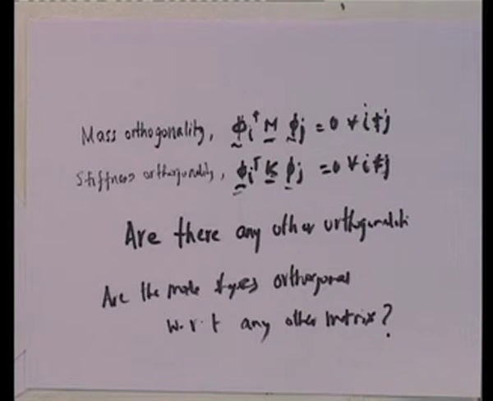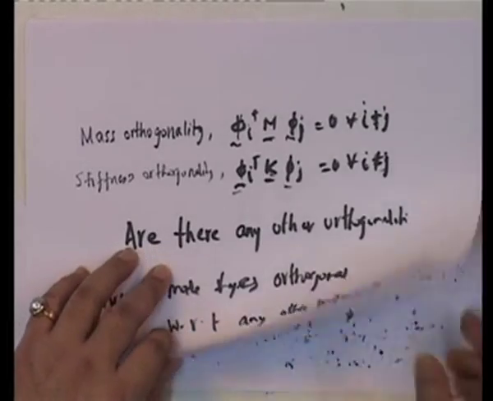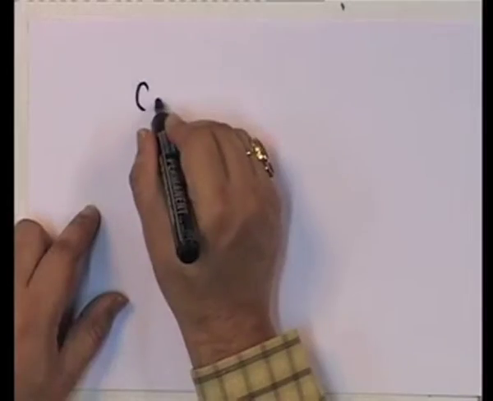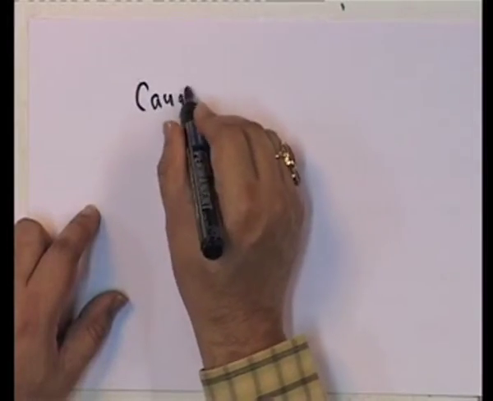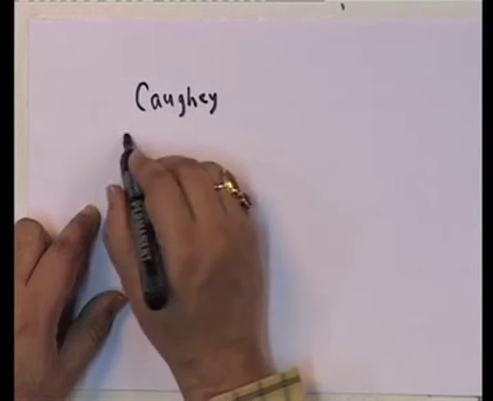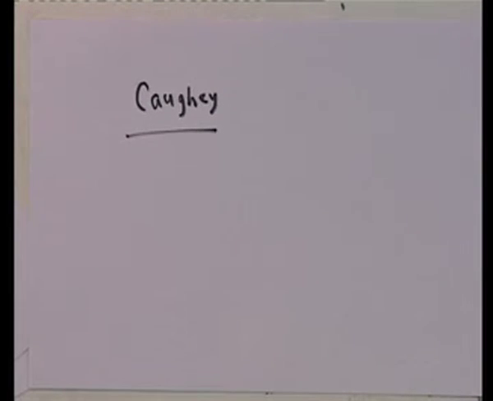And this was something that Tom Caughey, who was a professor of structural engineering at Caltech, discovered: that indeed there are other orthogonality properties that you can get.